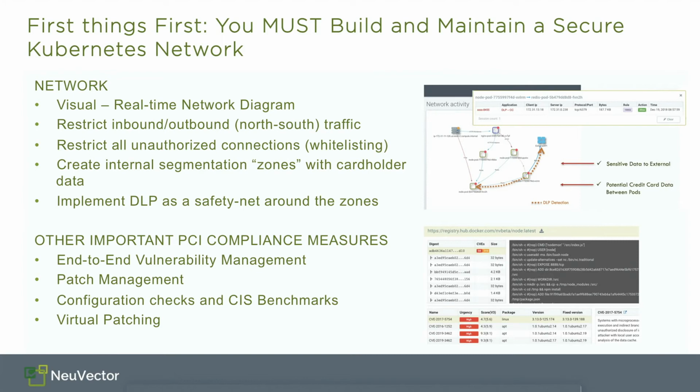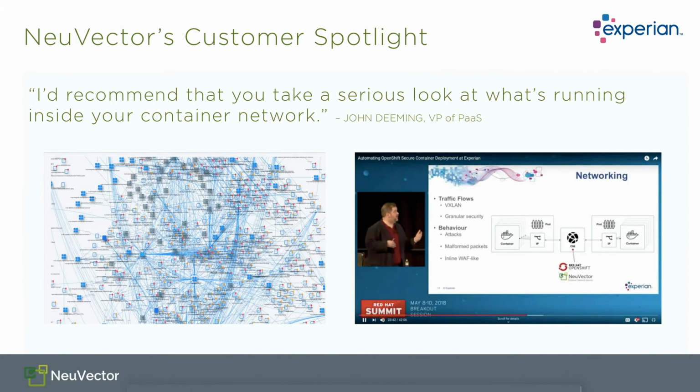And so one of our customers, common customers between Red Hat and NeuVector, is Experian. You can see just a screenshot of one of their applications to the left, and you have John Deming here on the right, talking at the Red Hat Summit about how he's implementing NeuVector and Openshift to safeguard the applications that he's running.